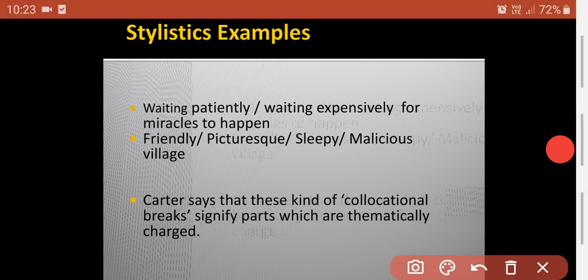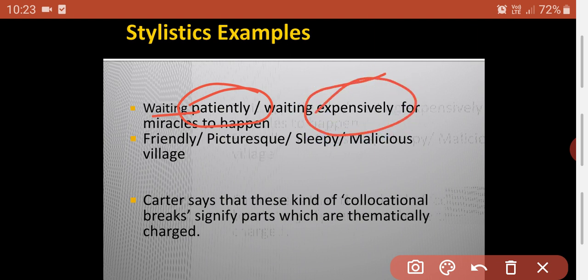Now this word waiting has this adverb patiently. It's a common adverb. It's a very, very common adverb that is often used with waiting, right? Now look at Auden's poem. He breaks the collocative pattern and brings in this new adverb that is not generally used for waiting at all, ever, right?